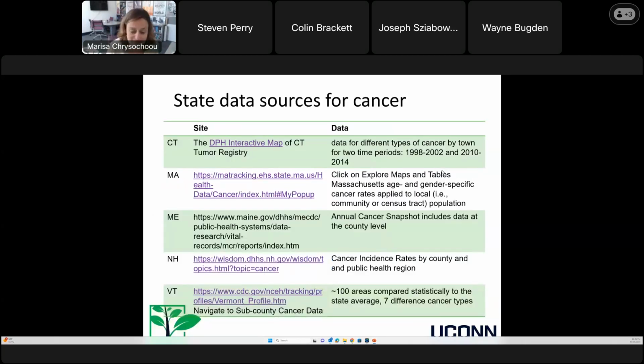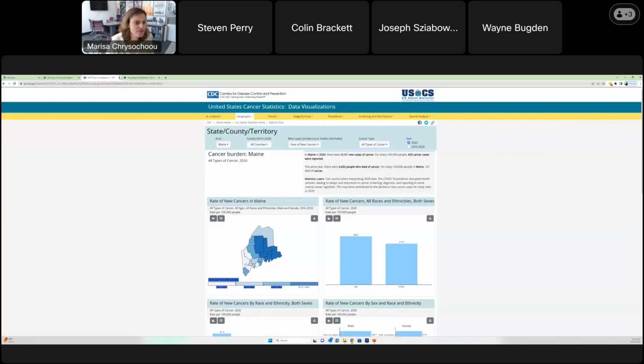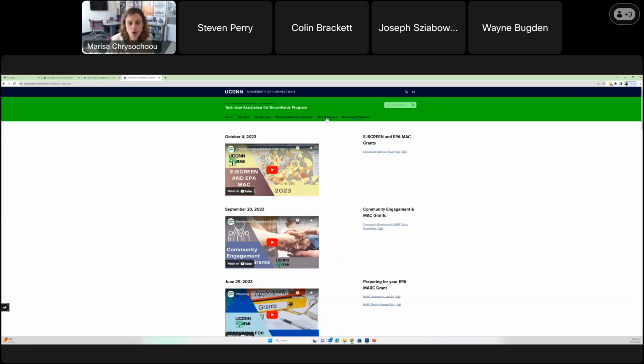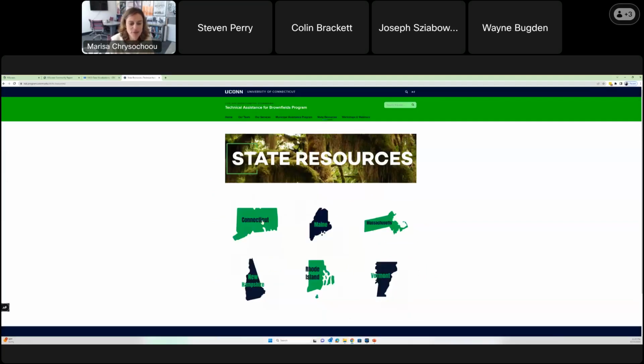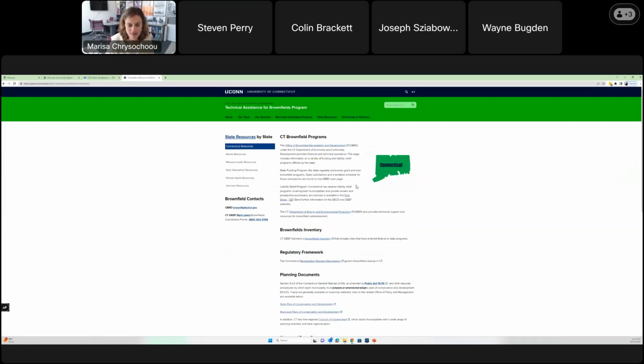There are also additional data sources, and obviously it's impossible for us to go through all of those in this webinar, but they are all available both in this slide and also if you go to our website and go under state resources. I will click, for example, here on Connecticut, and all the states have the same outline.